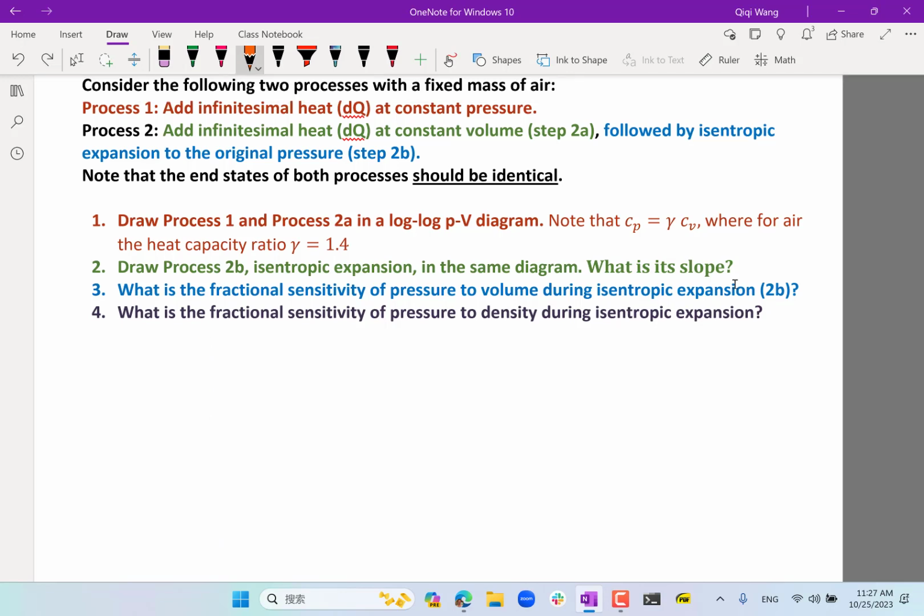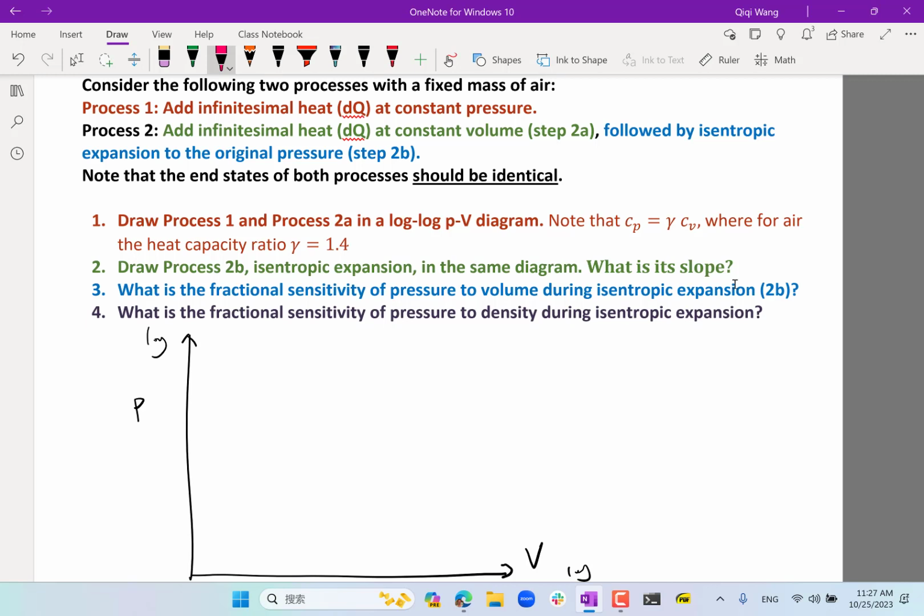I'll use black to draw the diagram. Both axes are log, so this is a log diagram. Process 1 is adding heat at constant pressure, which means the volume is going to increase if we add heat at constant pressure.